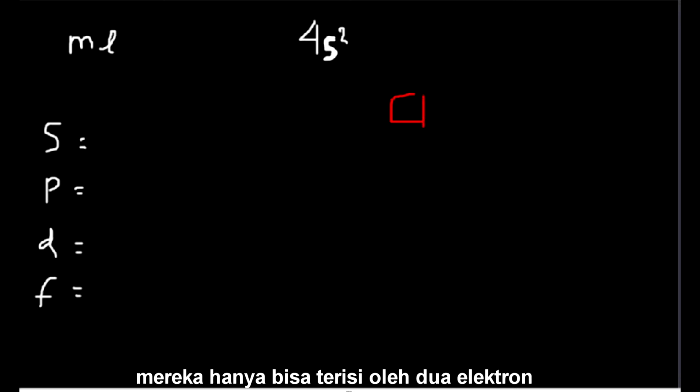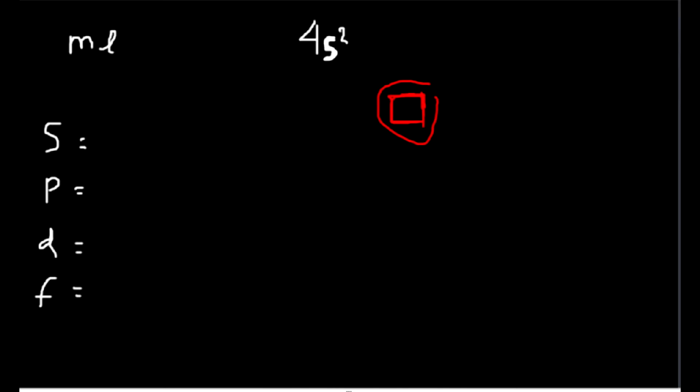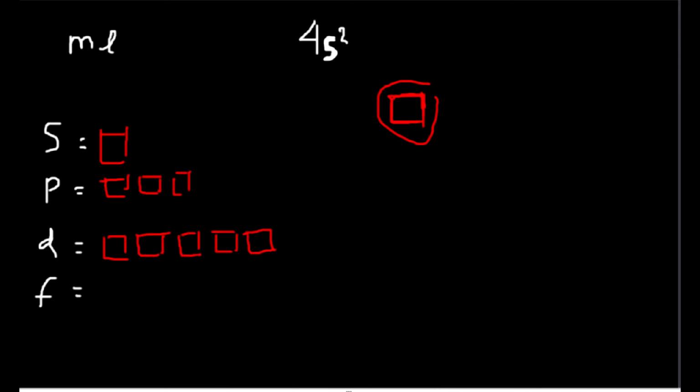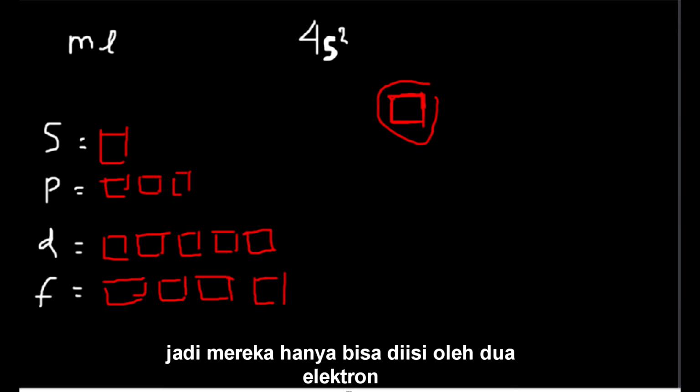They can hold only a maximum of 2 electrons in one box like this. So let me tell you this: S has 1 box, P has 3 boxes, D has 5 boxes, and F has 7 boxes. They can only contain 2 electrons.